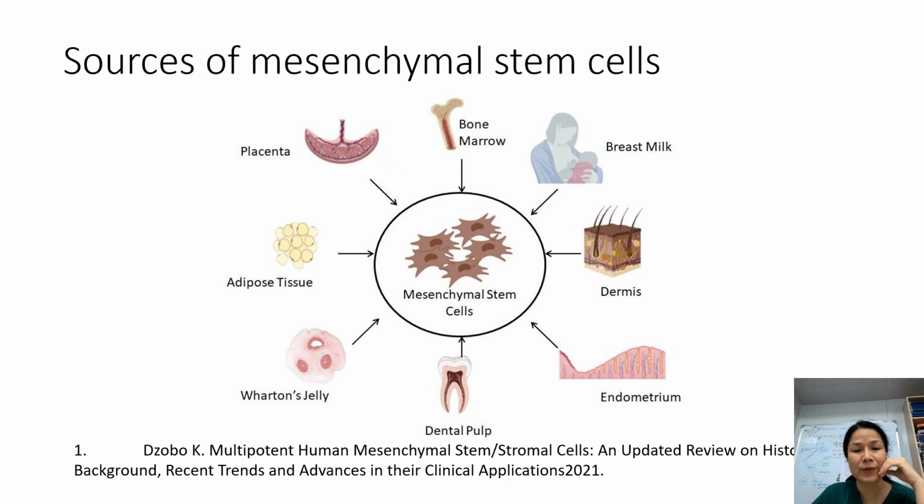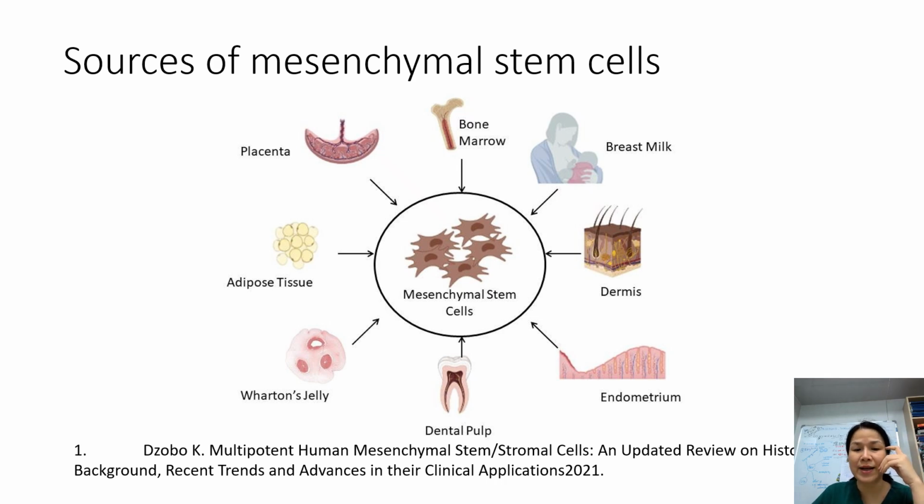In the umbilical cord, there's a part called Wharton's jelly. It's a soft, translucent, white layer of connective tissue. It's like jelly, and it's a very rich source of mesenchymal stem cells.